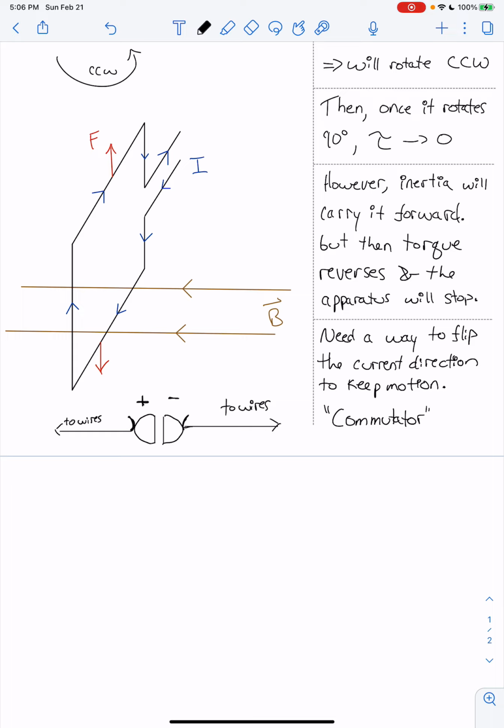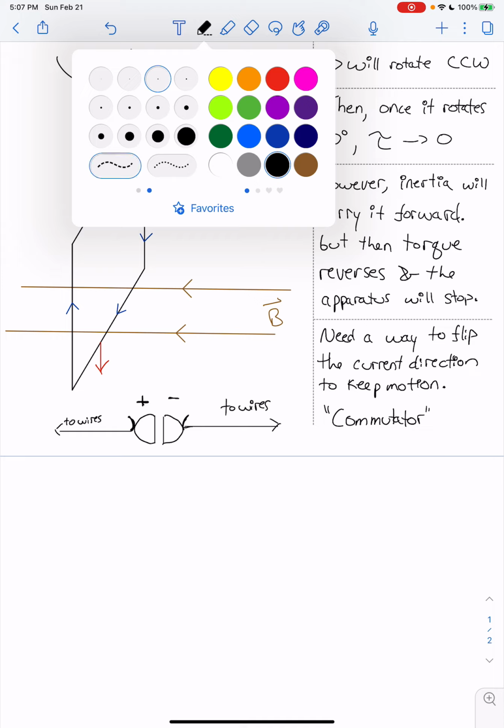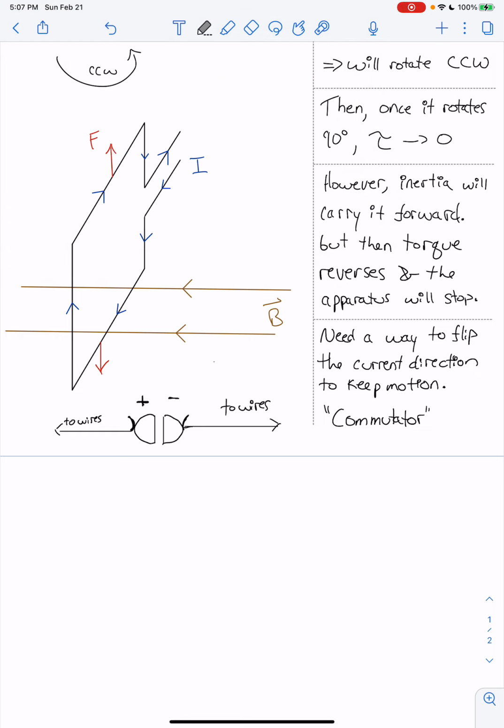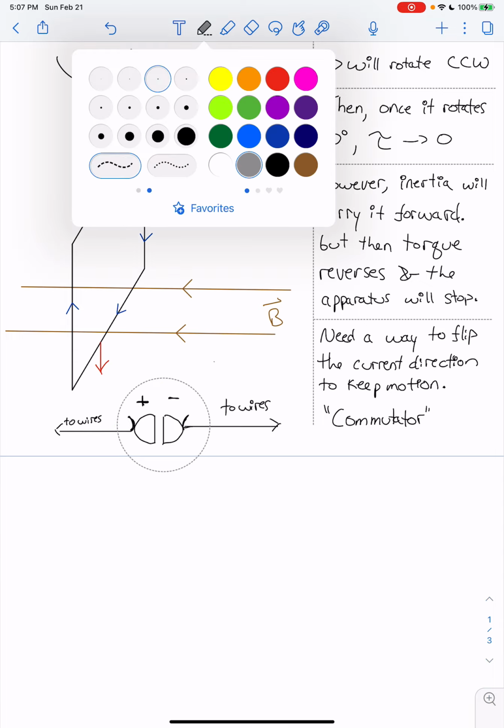So we're actually going to have this rotation. Let's do this maybe in gray. Here we're going to have this rotation, and so this motion. I'm going to try and get this aligned reasonably.